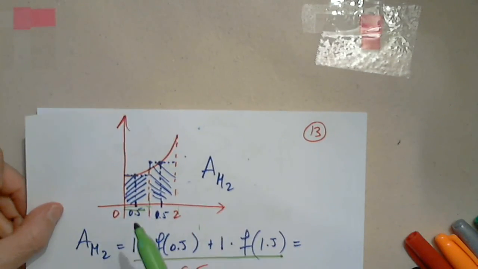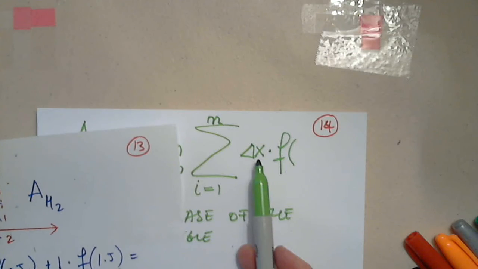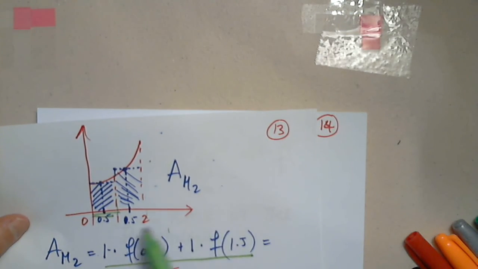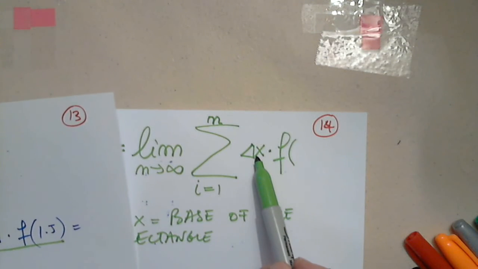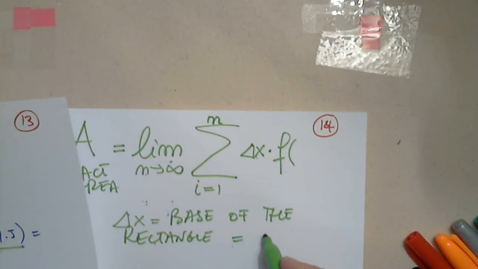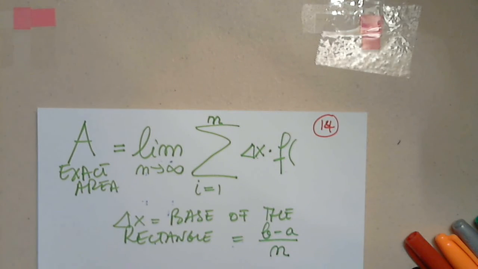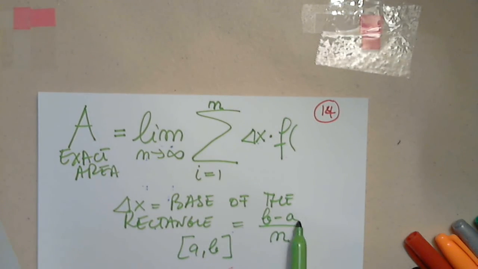So base was the same all the time: 1, 1, 1, 1, 1, 1 for all subintervals. This is calculated as, of course, b minus a over n, where b minus a is the interval a comma b. In our case, it was 2 minus 0, the interval 0 comma 2.